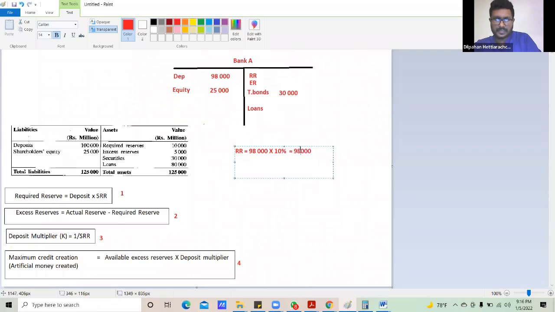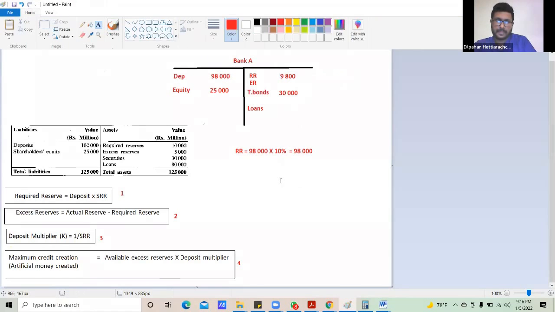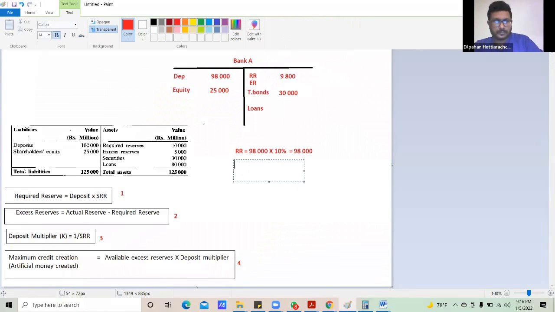So in the previous balance sheet, it was 10,000. Now required reserve RR is not 10,000, it is 9,800. How did that change? That changed because of the reduction in the deposits. Right? Then I write the second equation also.